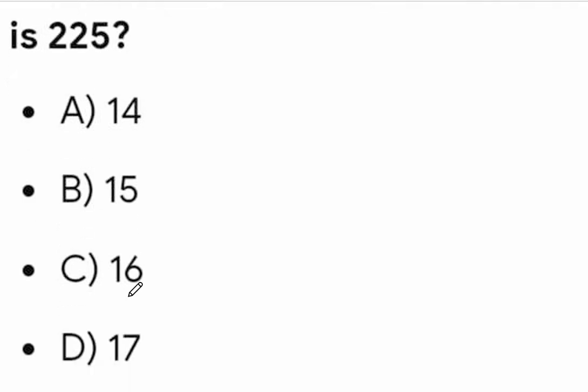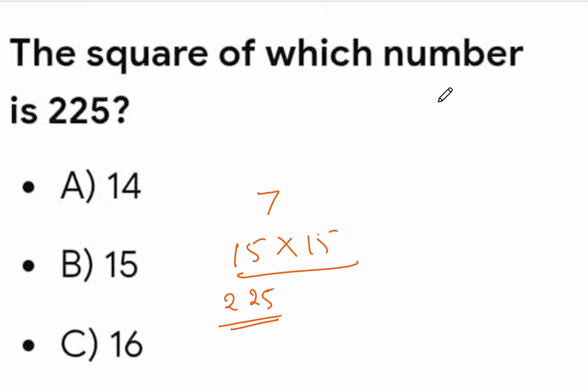15 into 15 I'll get, because here 15 is ending with 5. So when you multiply 15 into 15, 5 fives are 25, carry 2, and 1 times 5 is 5, plus 2, so you'll get 225. So when you take the square of 15, you'll get 225. The square of which number?